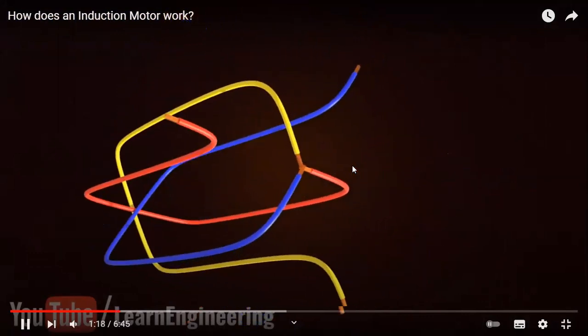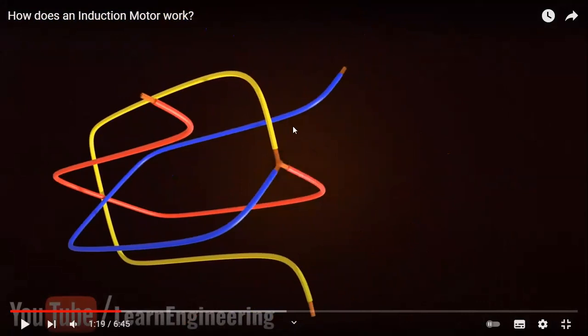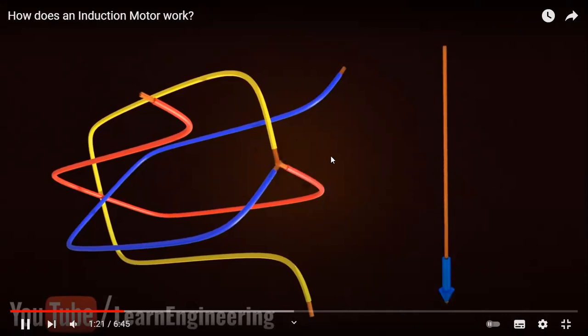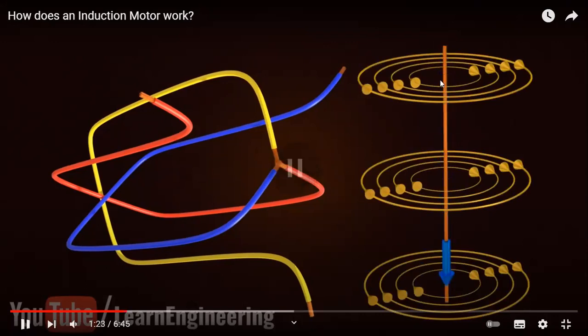If you are having any problem understanding, look here: the three coils, we put the three coils in such a way that they are 120 degrees apart. And when the current passes through this coil, then what happens?